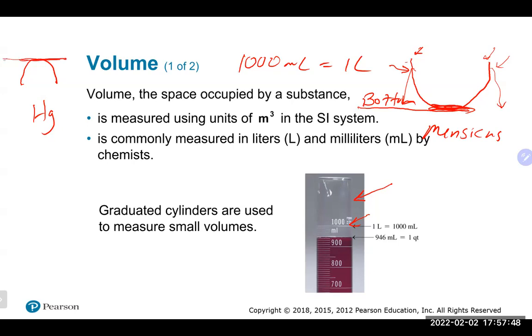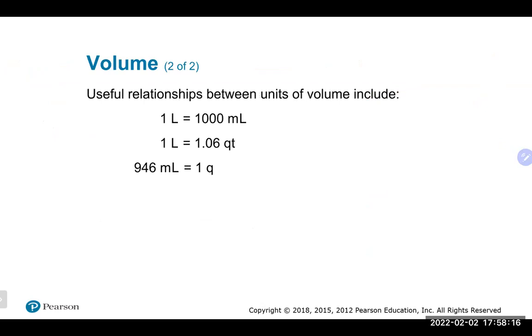Very rarely will you come across this in real life, because they pretty much have taken mercury out of every chemistry lab I ever teach at. When I started teaching we used it all the time, but nobody uses it anymore. So you're going to see that U shape, and you always want to read from the bottom of it.